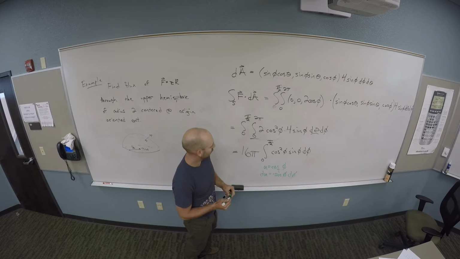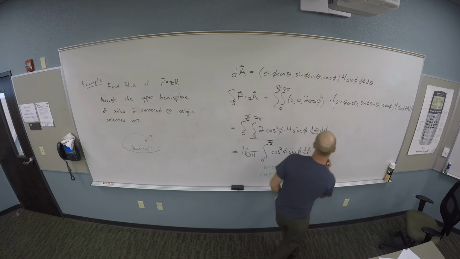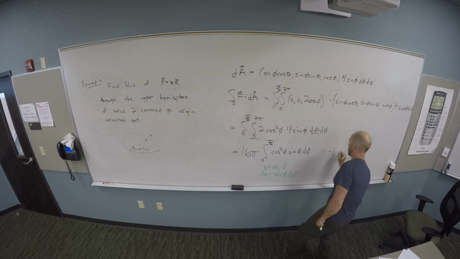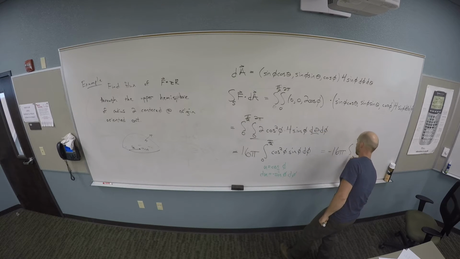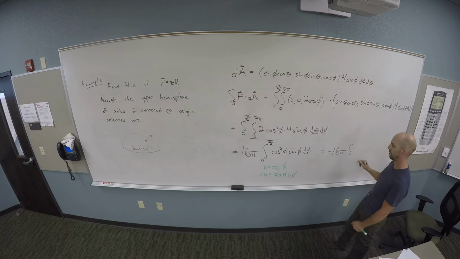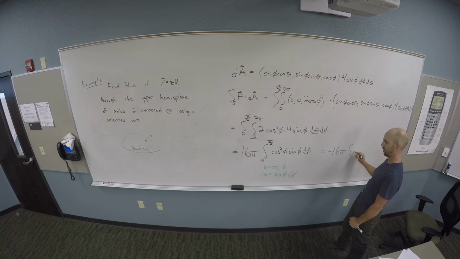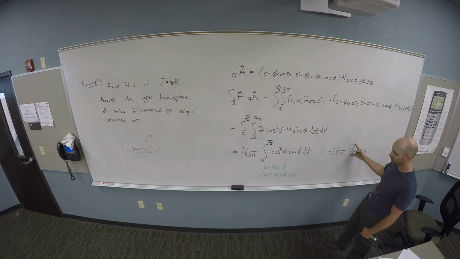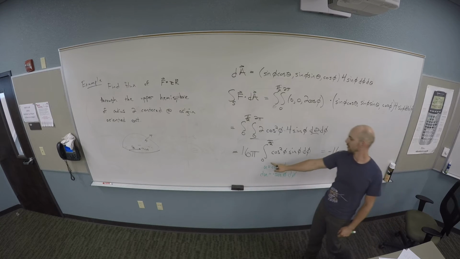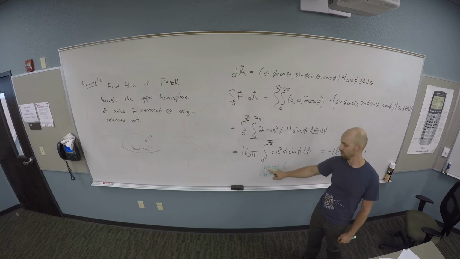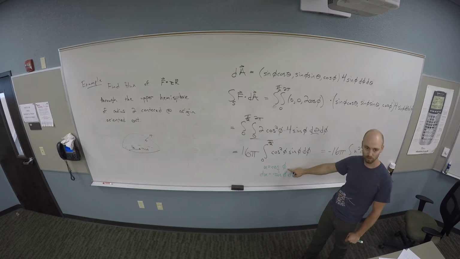So that reads like I got negative 16 pi, the integral of... let me put the thing in. So I get u squared du, right? Okay, now the bounds: when phi is 0, what's u? 1.